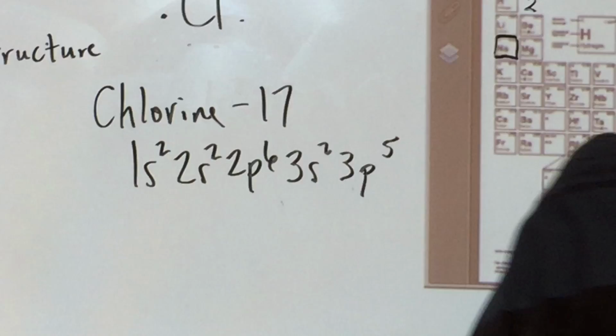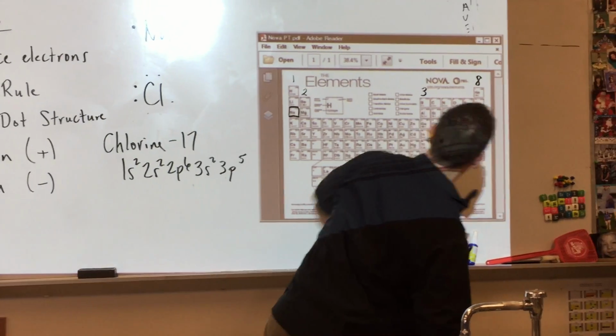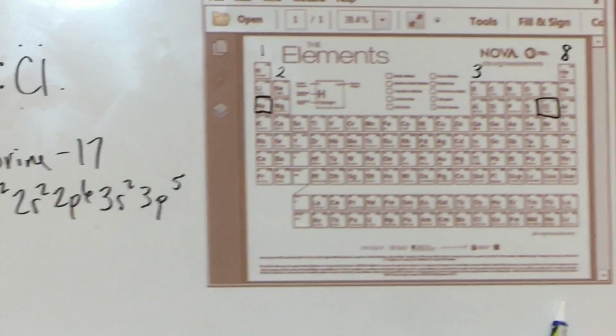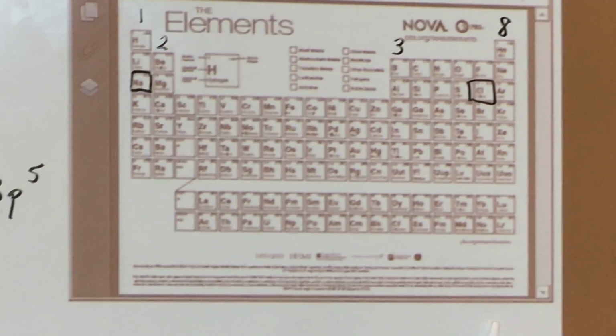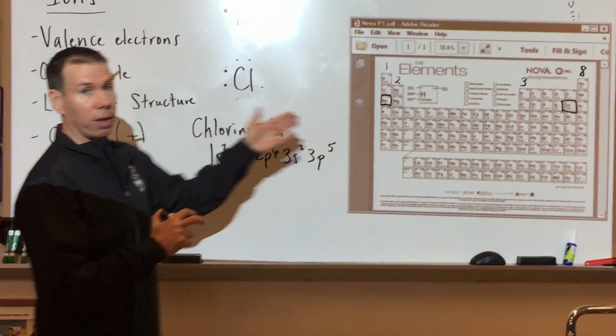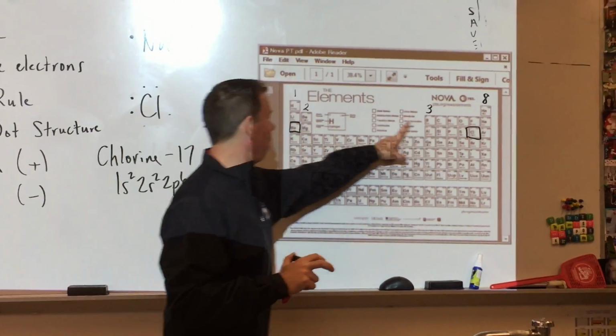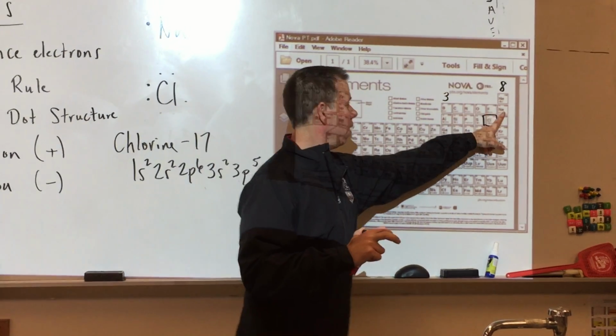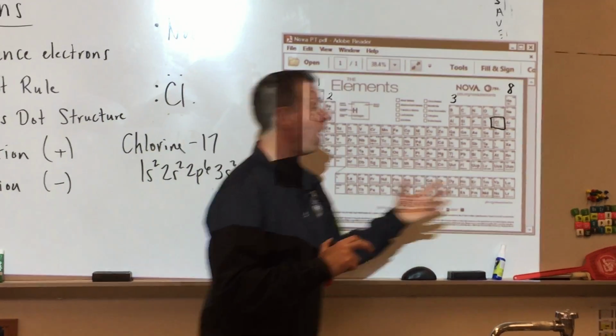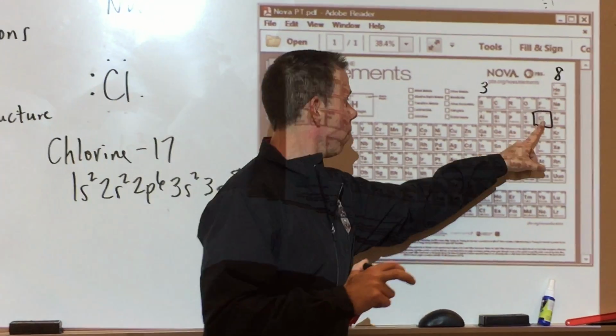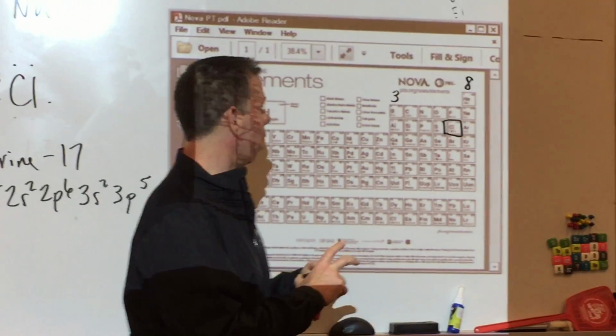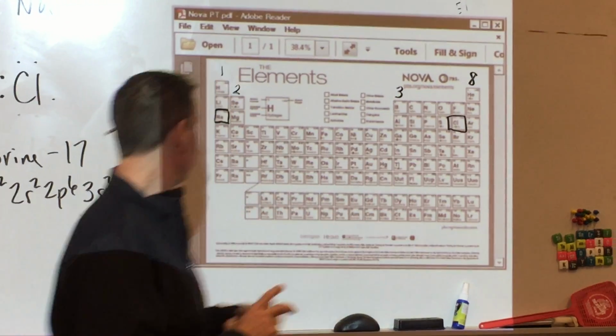Chlorine is right there in the periodic table. It can do one of two things to look like a noble gas. Either it can lose 7 electrons and look like neon, which would be a lot harder to do than to gain 1 electron and look like argon.